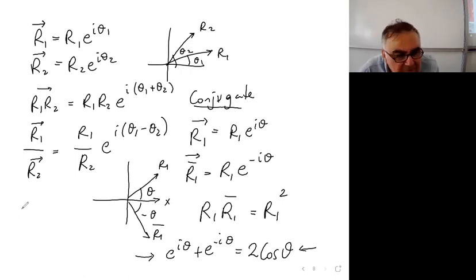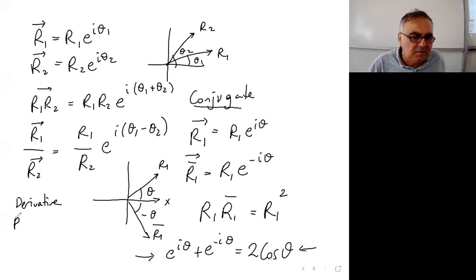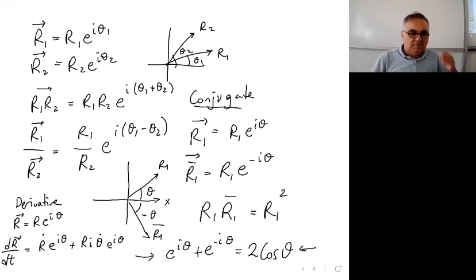And also remember that if you take the derivative, like r equals, let's say, r e to the I theta, the derivative of this, dr dt, is going to be r dot e to the I theta plus r I theta dot e to the I theta.